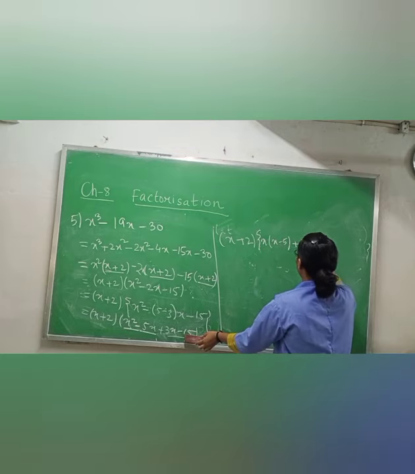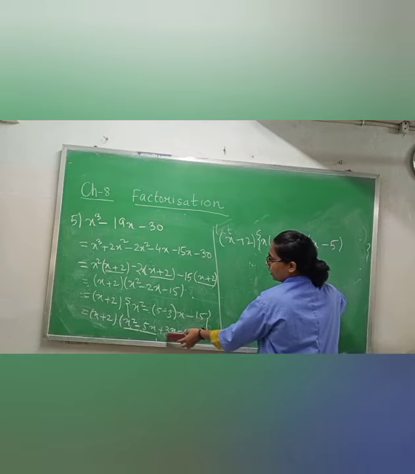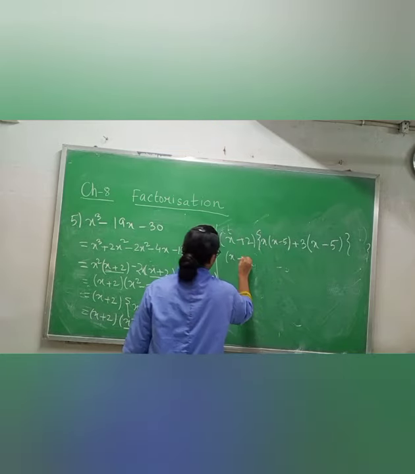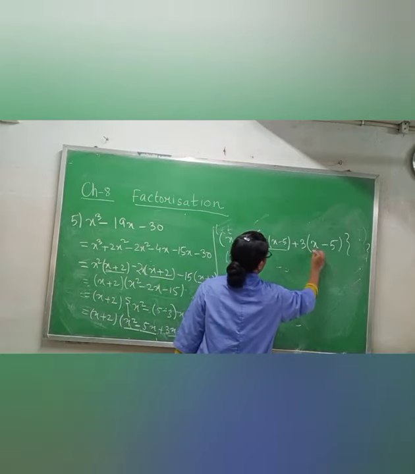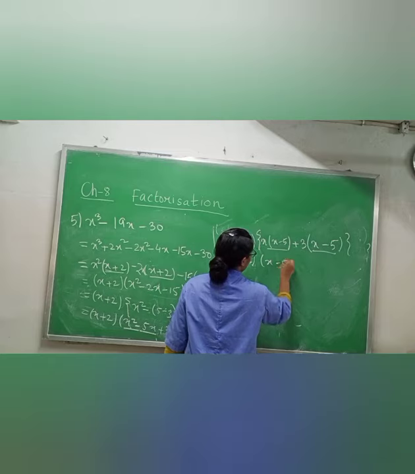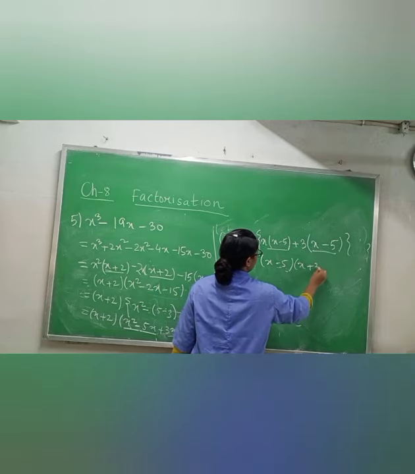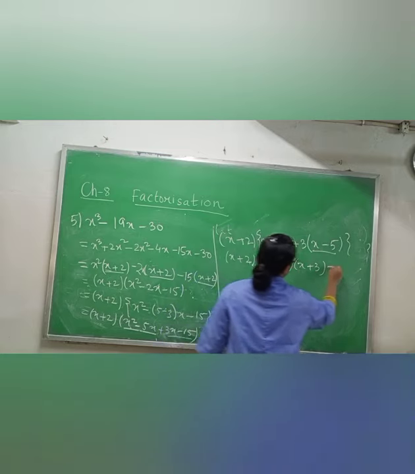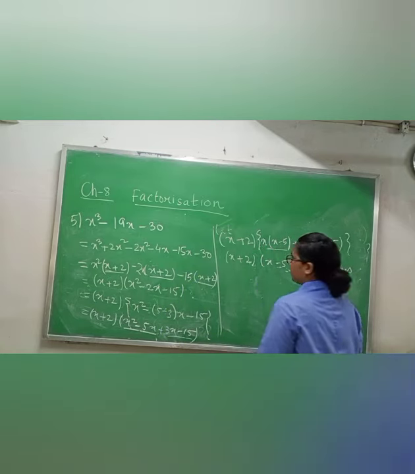Means 3 is common. x left and minus 5 left. Sign is not changed because here we have plus sign. If we have plus sign, sign will not change. So x plus 2, x minus 5, x plus 3. Okay? x minus 5, x plus 3. This is your answer. Copy this one.